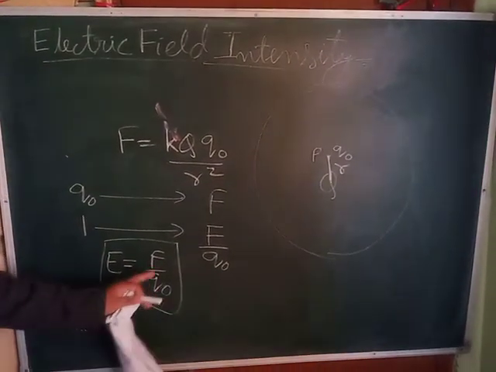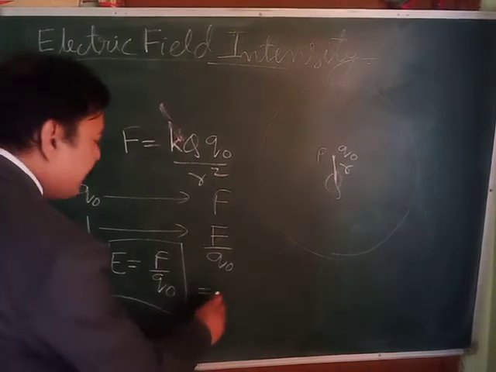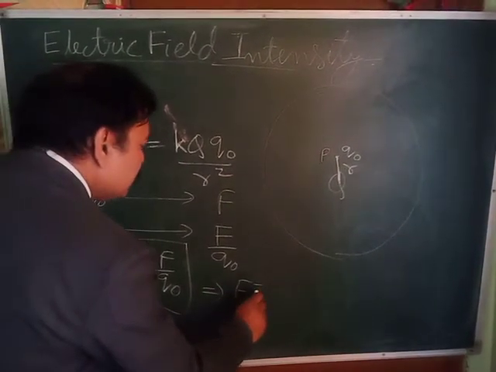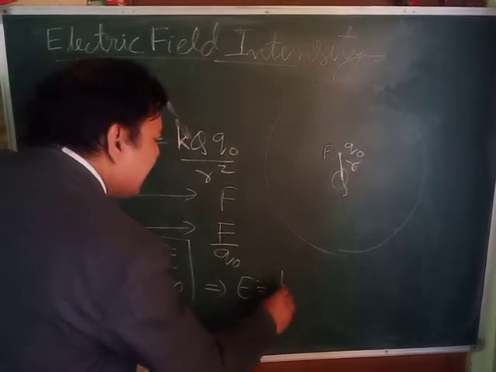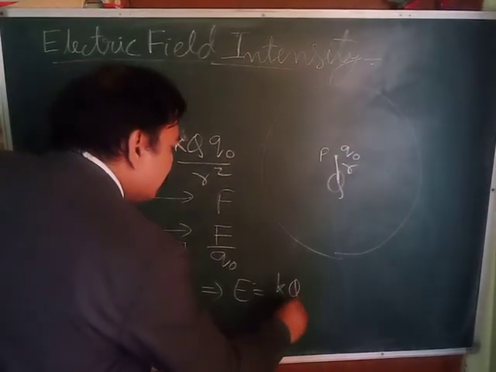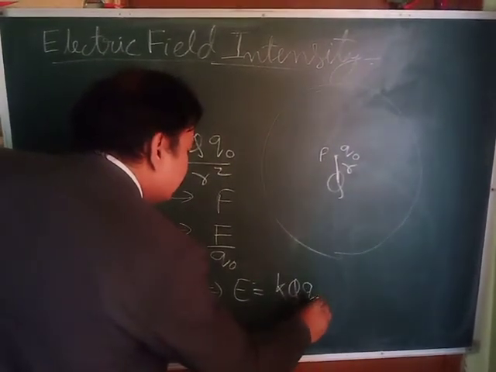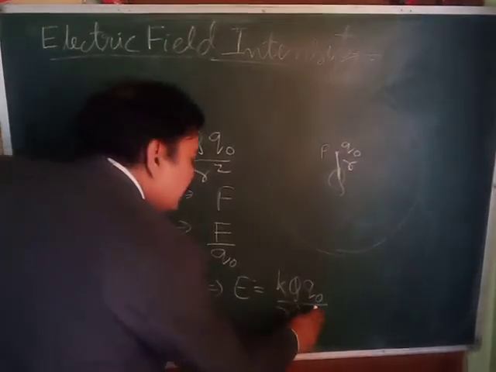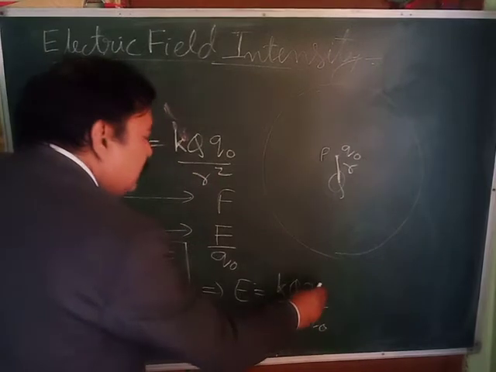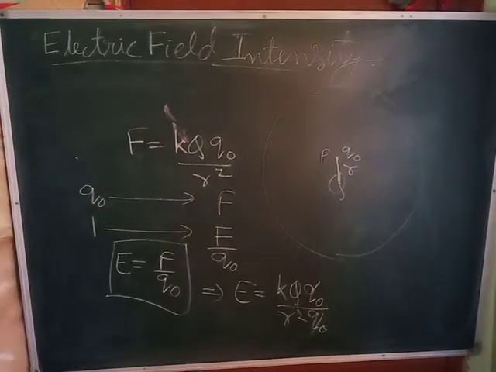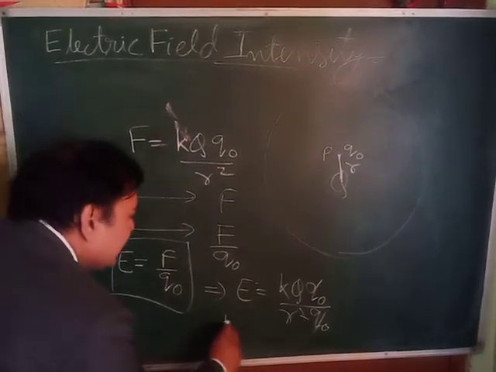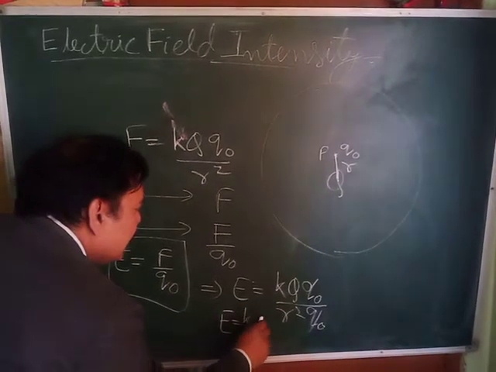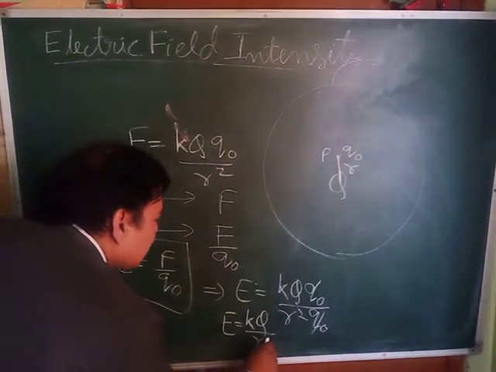Now you know the expression for F, so you can write E equals K capital Q q naught upon r square, and this q naught and this q naught will cancel out, and we are left with E equals K capital Q upon r square.